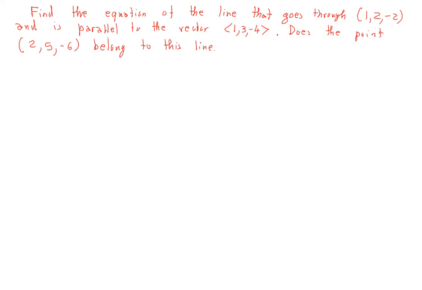So how are we going to do this? Well, first of all, we're going to use the equation that we gave a moment ago. So let me remind you what it was, because that's all you need to remember.